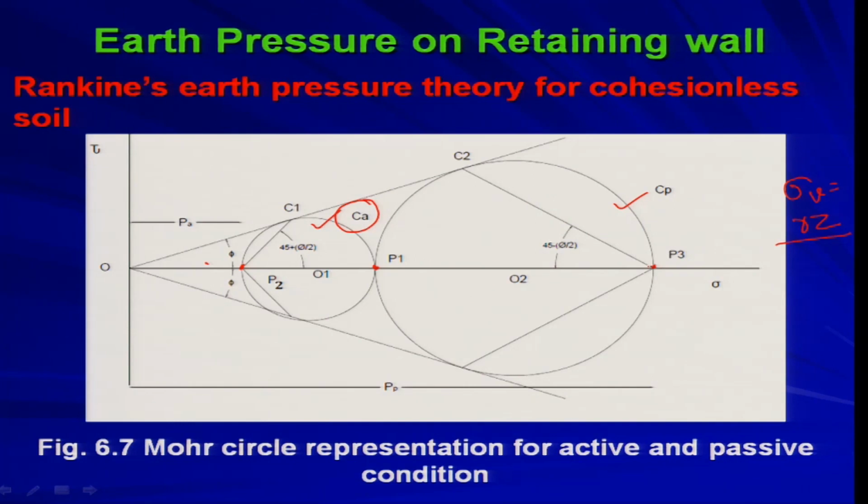Okay. Now, as I told you, this is the plane, this is the first shear line and this is the second shear line, because you will be getting the Mohr Coulomb failure envelope on both sides. This is your first shear line, this is your second shear line, which is making an angle 45 plus phi by 2.